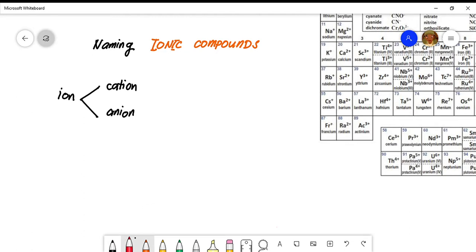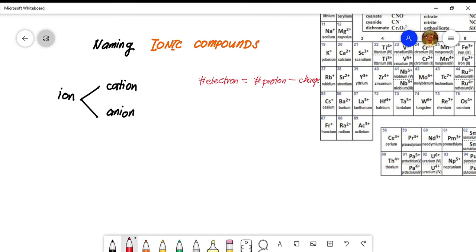If you can recall from the previous video about solving for protons, neutrons, and electrons, the formula for solving the electron is: the number of electrons is equal to the number of protons minus the charge.